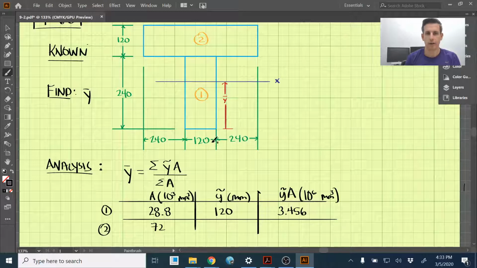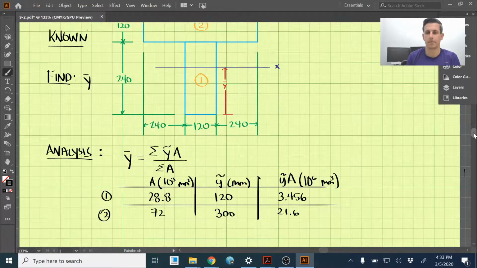Our y bar here is from the base, so we need to make sure we have y tilde from the base here. So that's 240 plus half of 120. That's 240 plus 60. That should be 300. And then multiplying these two together, we have 21.6 here. All right, so we have all the shapes combined.